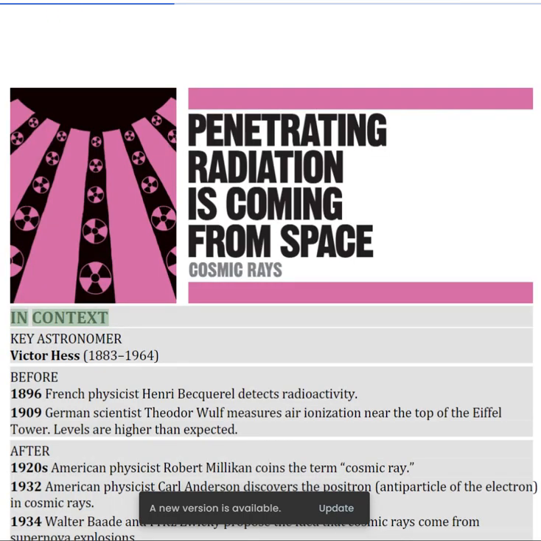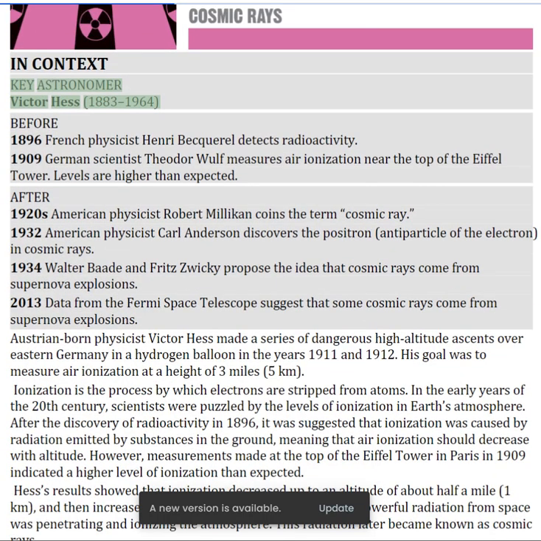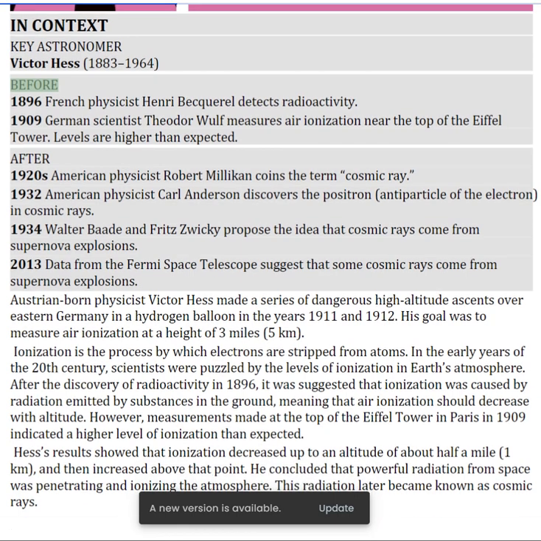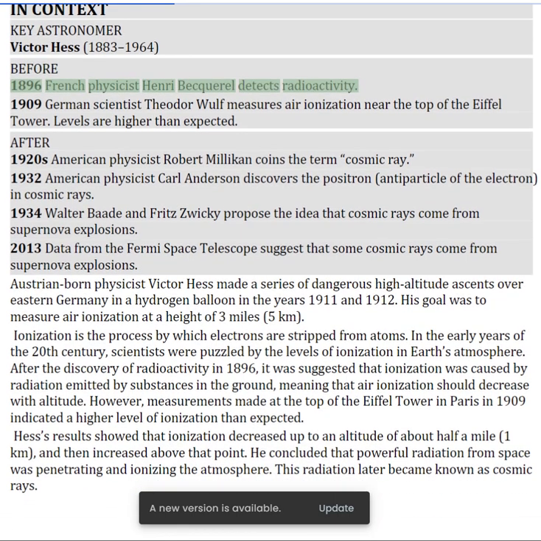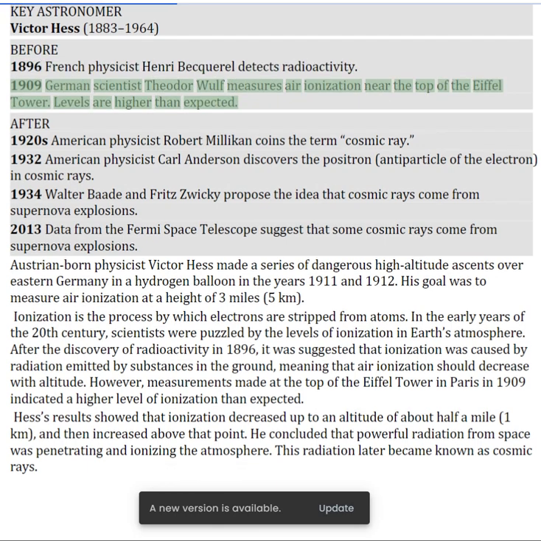In context. Key astronomer Victor Hess. Before: 1896 French physicist Henri Becquerel detects radioactivity. 1909 German scientist Theodor Wolff measures air ionization near the top of the Eiffel Tower. Levels are higher than expected.